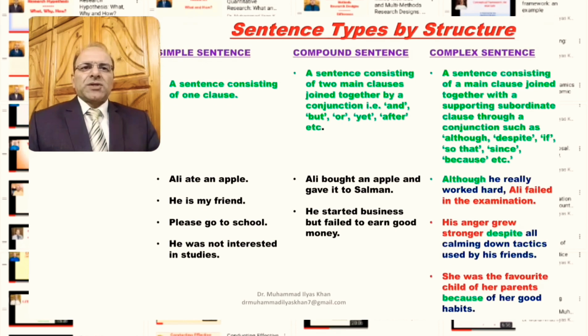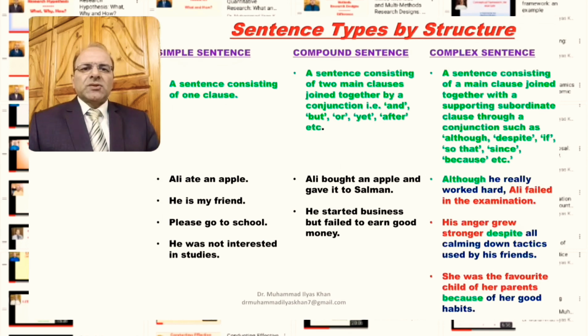Now, the types of sentence by structure. There are three types of sentences by structure: the simple sentence, the compound sentence, and the complex sentence. A sentence that consists of one clause will be considered a simple sentence. For example, Ali ate an apple. He is my friend. Please go to school.